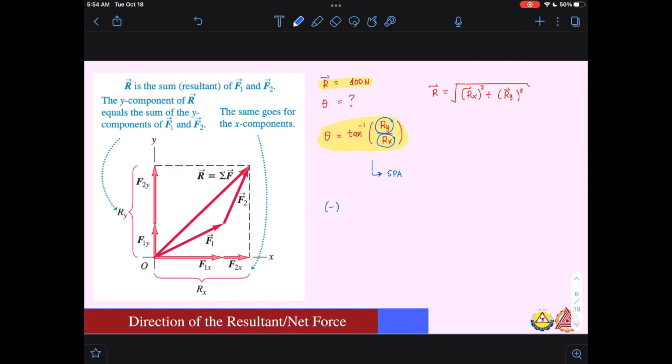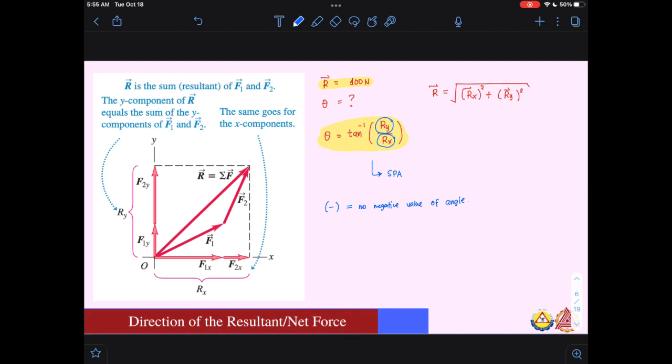Okay, in your SPA, you cannot have a negative value for your theta. No negative value of angle. So you will see in the example later what we will do if we are getting a negative value and where this angle theta is.